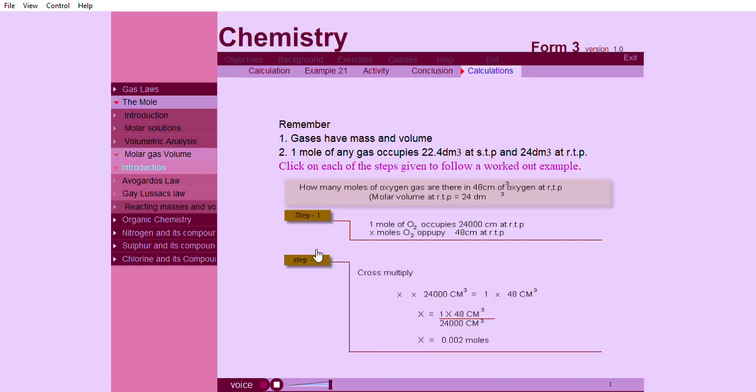X multiplied by 24,000 cubic centimeters is equal to 1 multiplied by 48 cubic centimeters. X is equal to 1 multiplied by 48 cubic centimeters divided by 24,000 cubic centimeters. X is equal to 0.002 moles.